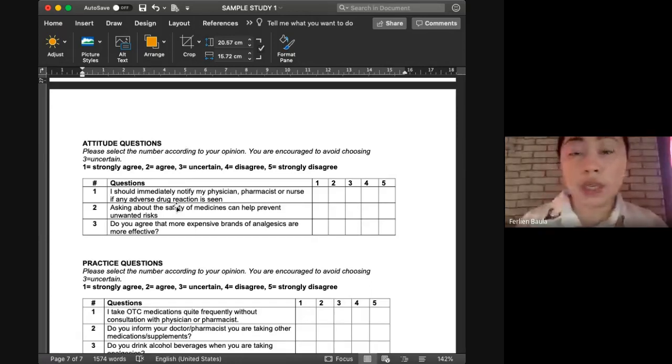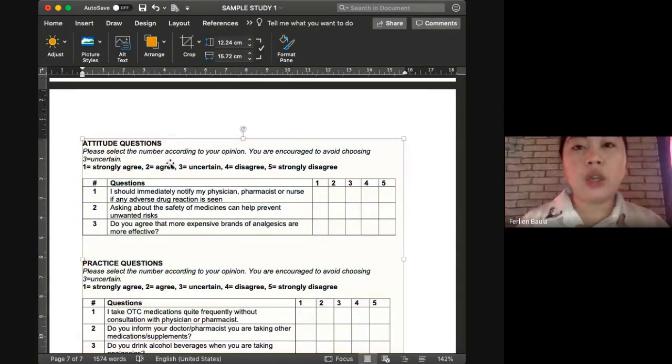medyo mahirap interpret kasi nasa gitna siya. That's why this time, if we conduct this time our clinical research, we will limit our Likert scoring into 4. Okay? Para walang neutral.